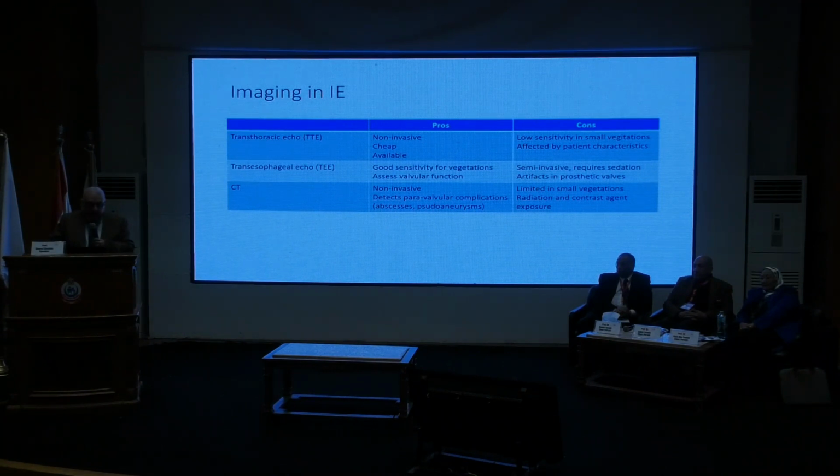Second modality, the transesophageal echo. It has a very good sensitivity for vegetations. It can assess the valvular function, but it has low sensitivity in a patient with a prosthetic valve, because it will cause distortion of the image.